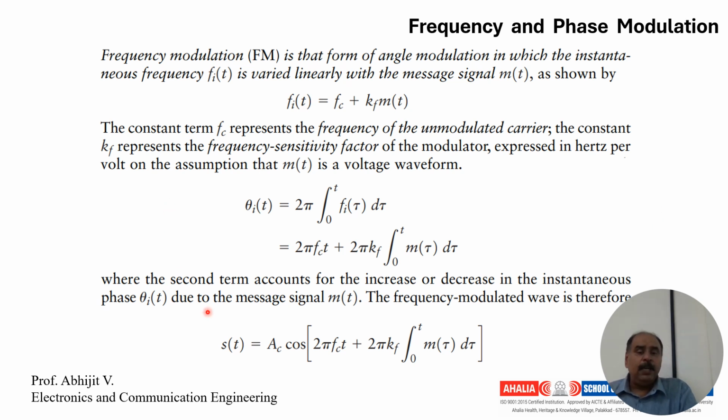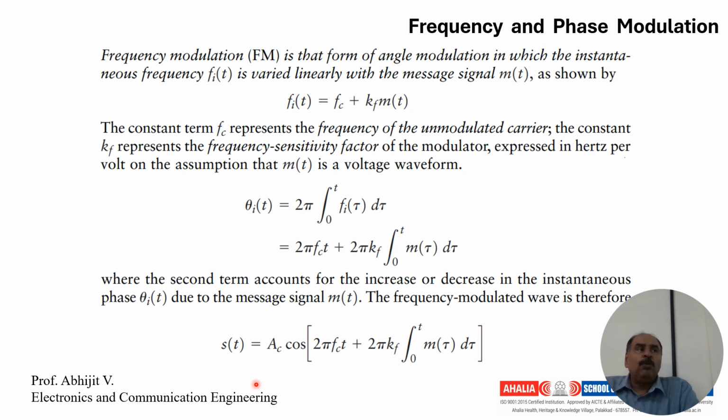This second term accounts for the increase or decrease in instantaneous phase due to the change in the message signal m of t. Thus, the frequency modulated waveform is defined as s of t equals Ac cos of 2 pi fc t plus 2 pi Kf integral 0 to t of m of tau d tau.